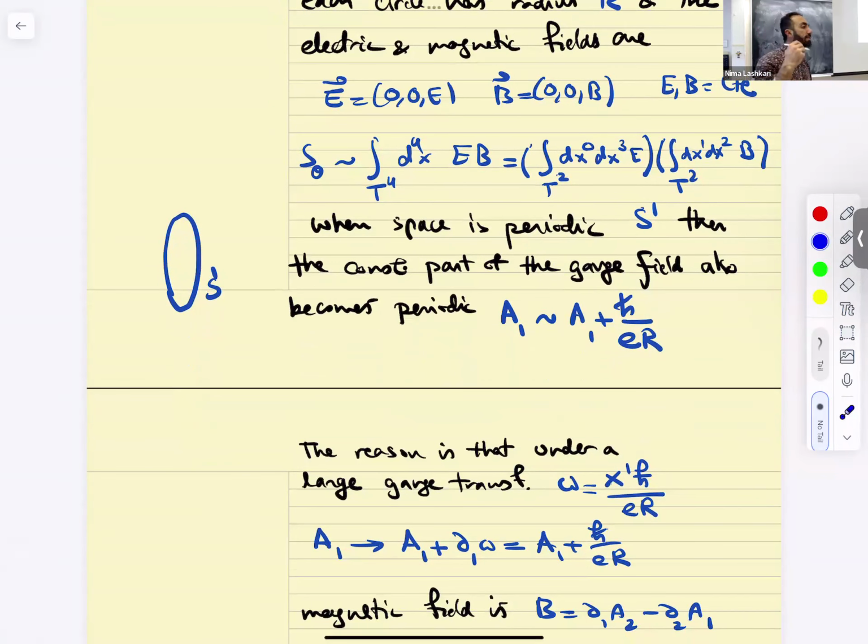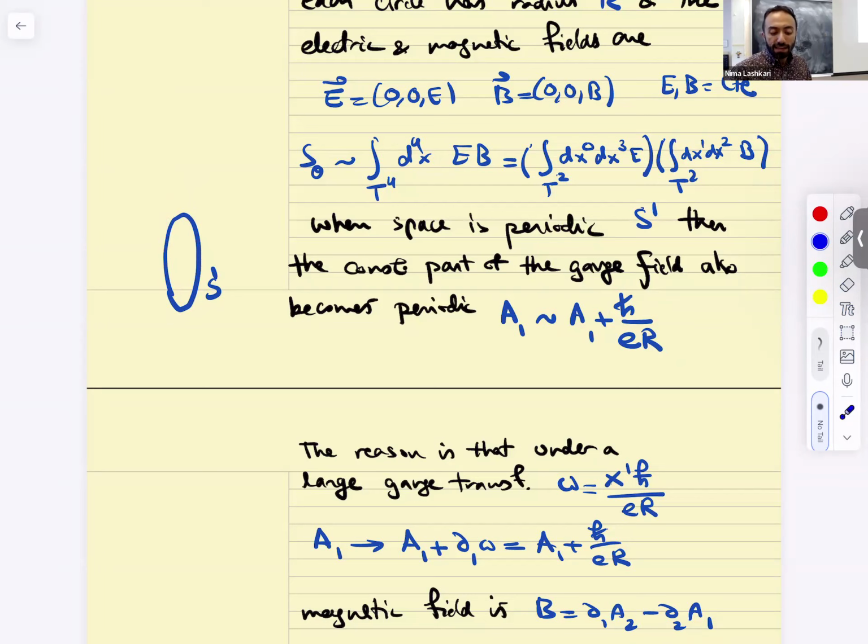Now, here's a principle. In all these cases, you have a compact direction S^1. There's a reason I picked T^4: it's simple. Consider S^1 with a gauge field living on it. Take the zero mode of this gauge field. It has to be periodic with periodicity h bar over eR, where R is the radius of the circle.